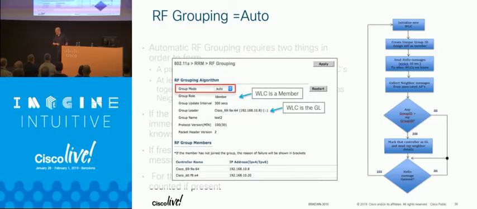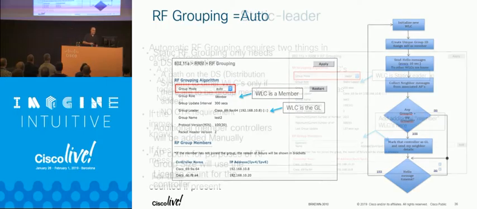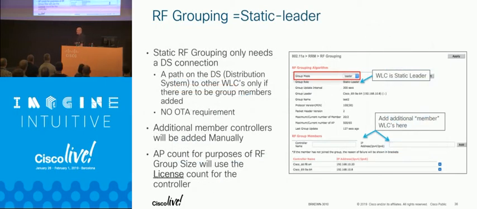You also have the selection to do a static group leader. A static group leader simply sets that controller as leader. The advantage to static group leader is you can isolate a controller. In fact, we do it in here a lot.